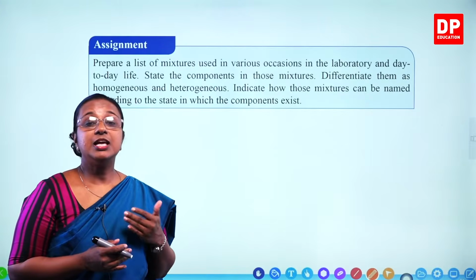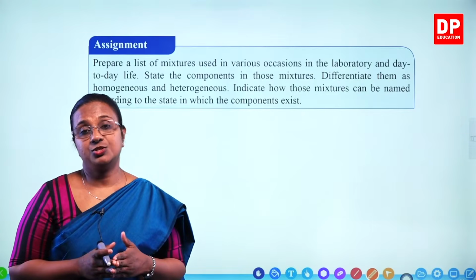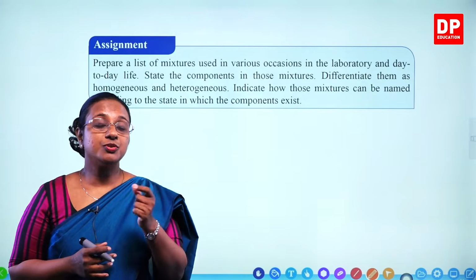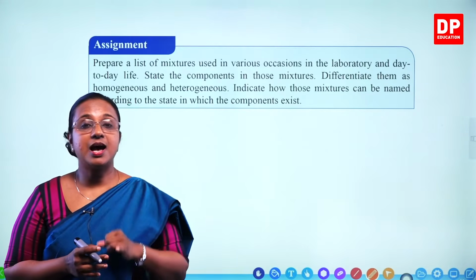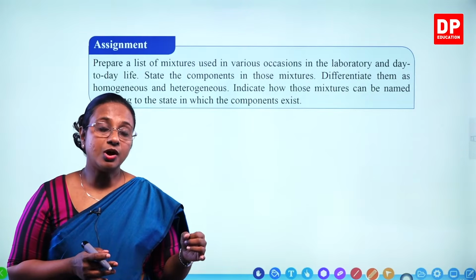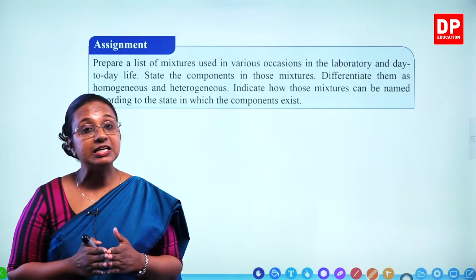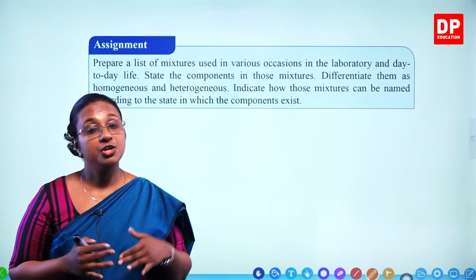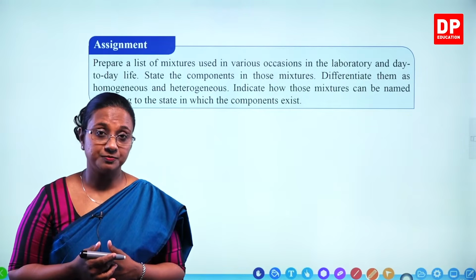So, first, let's take the sodium hydroxide solution. You know sodium hydroxide is available in the lab. It is there as white colored pebbles. So, that is a solid. When you dissolve it in water, you get a clear uniform solution. So, that will be a homogeneous solution.